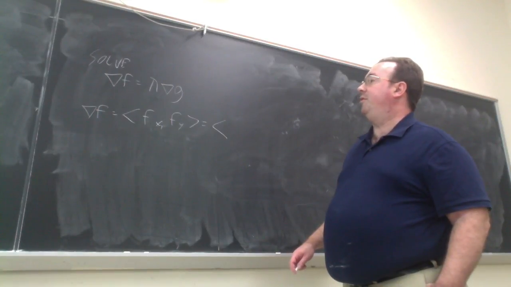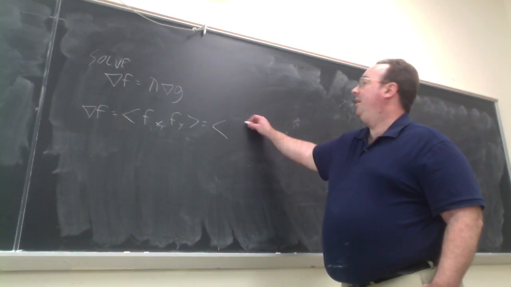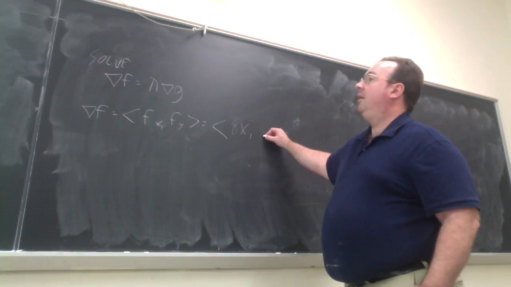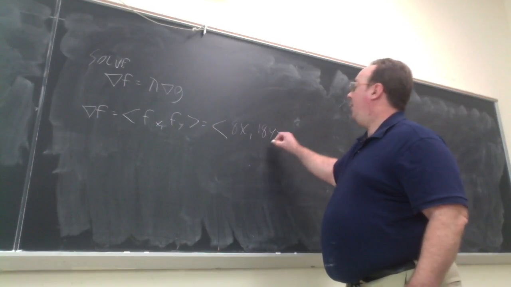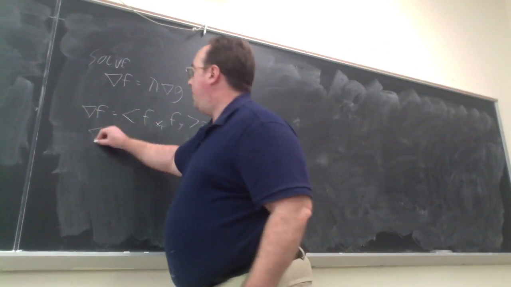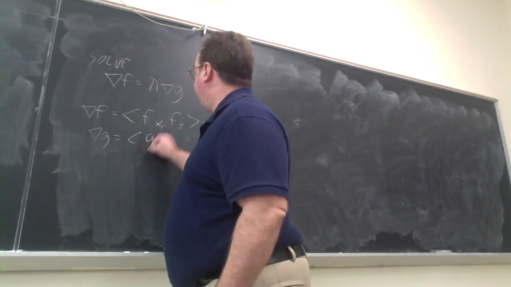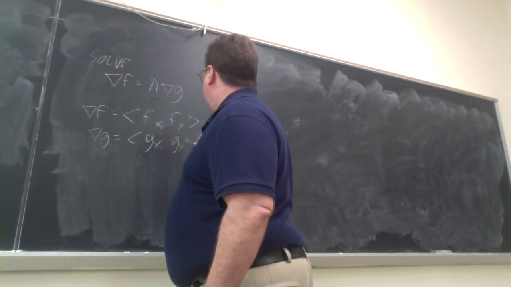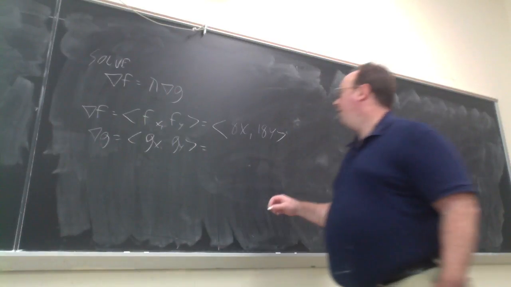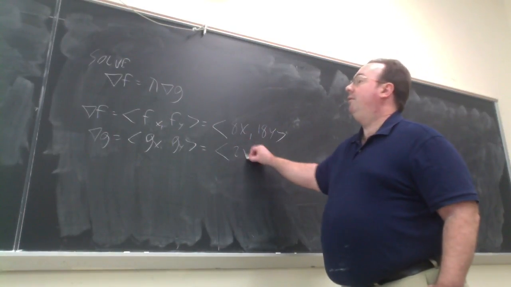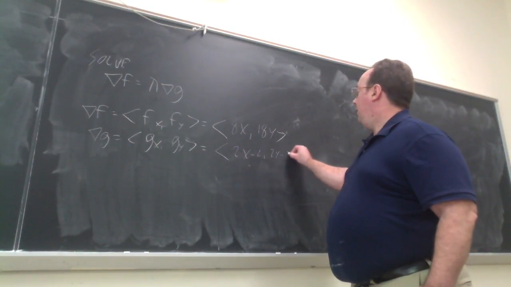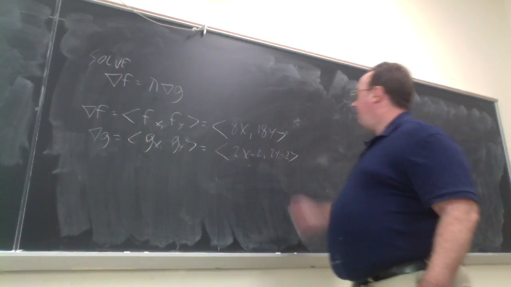Or its partial derivatives with respect to x and y? 8x. Mm-hmm. And 18y. Okay, all right. And then we need the gradient of g, so its partial derivatives with respect to x and y. 2x minus 2. Mm-hmm. And 2y minus 2. Yeah, okay, so these functions have a relatively simple form.